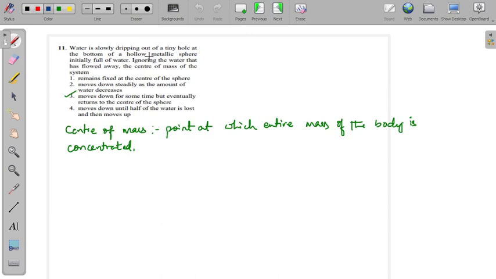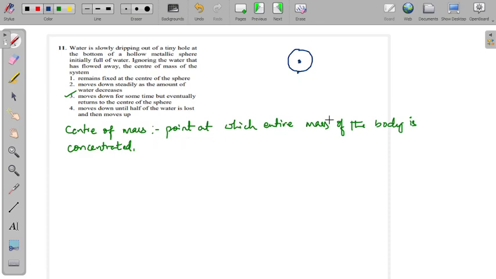Water is slowly dripping out of a tiny hole at the bottom of a hollow metallic sphere, initially full of water. Ignoring the water that has flowed away, the center of mass of the system. So you have a sphere filled with water. There is a hole in the bottom and the water is leaking. You should know what center of mass is.